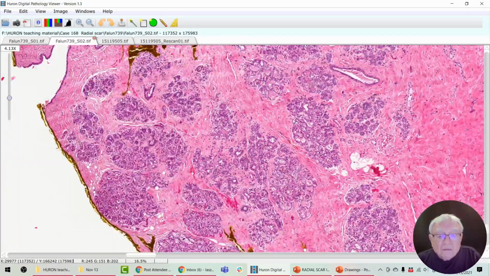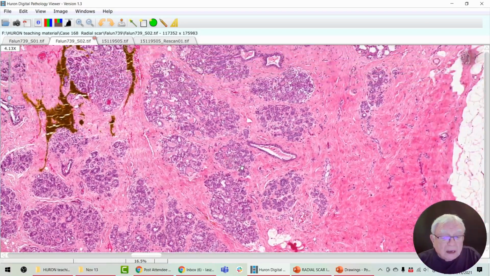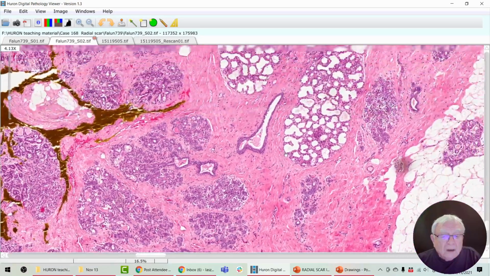That's all. But of course you see nothing out of any of these, not the duct, not the TDLUs, because of this white stuff. So I see fat, building block 1, I see fibrosis, building block 2, I see terminal ductal lobular units, tons of them, and the little duct.